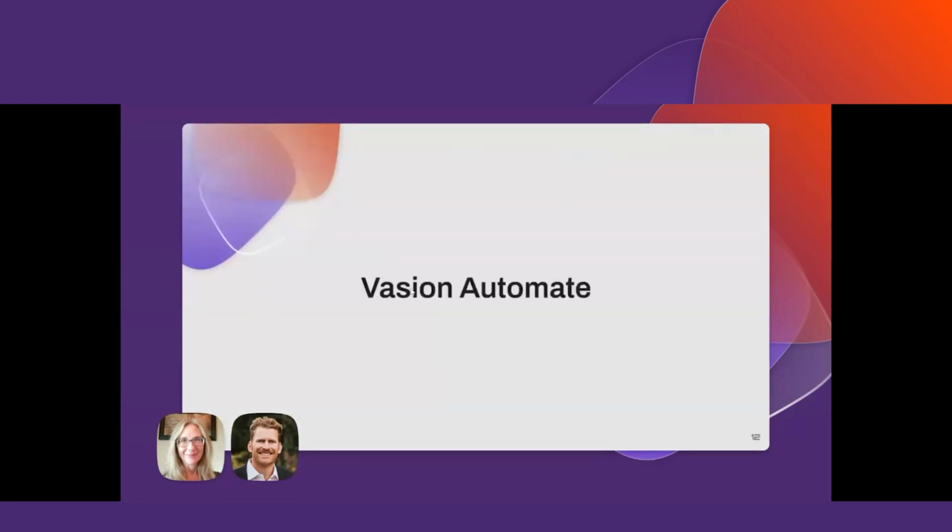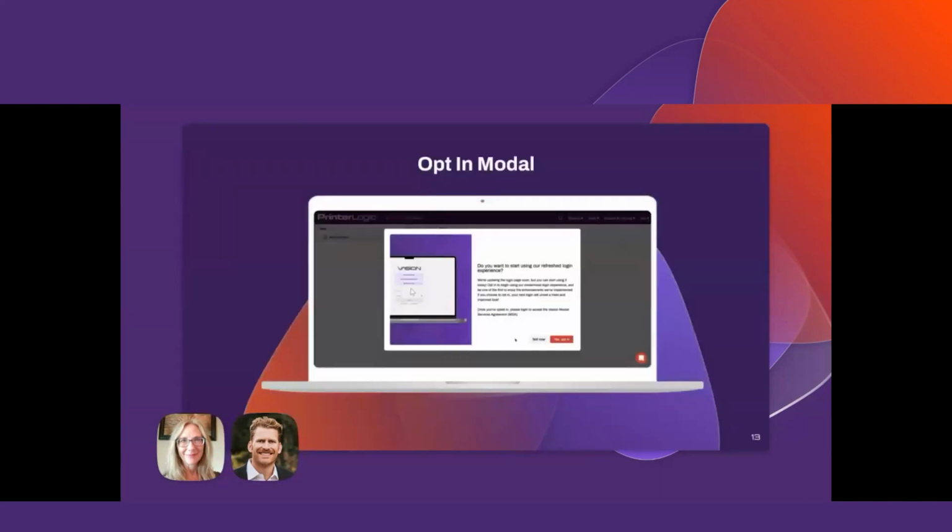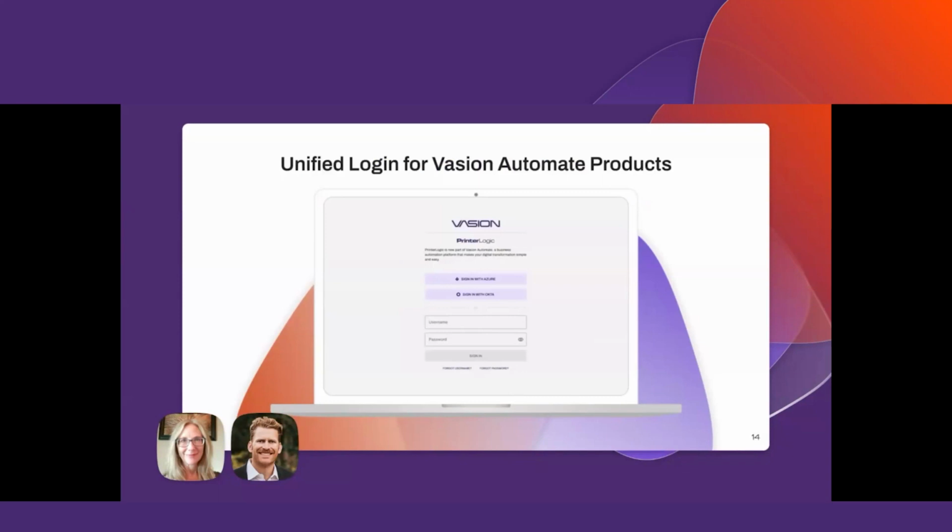So with Vasion Automate, it's all going to start through opting in. When you receive this modal, it'll ask you if you want to opt in to get our refreshed login experience. Once you choose to opt in, it'll log you off, and the next time you log in, you'll have the new login page. This is a unified login page that allows you access to both the Vasion Automate product as well as print.